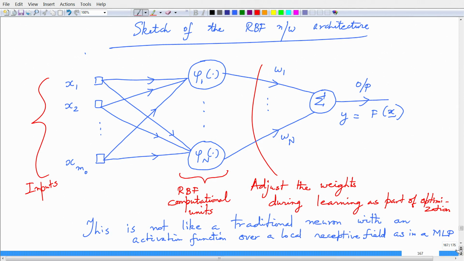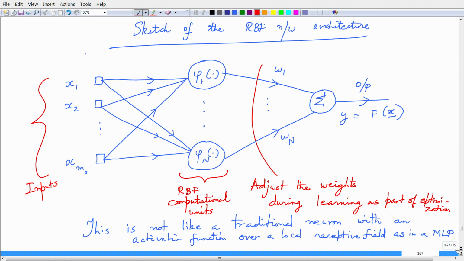Now, if we go one step further into sketching the architecture that we want given our ideas, this is how it would go. We have a set of inputs in an m naught dimensional space, x 1 to x m naught, and we combine them in a way to each of these hidden units.